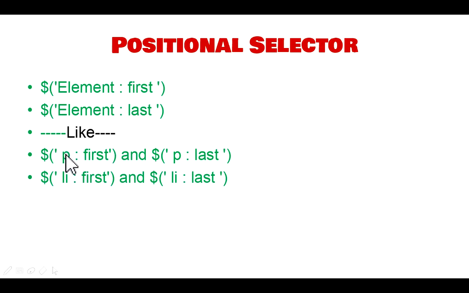Select all the paragraphs but the first one. Only select the first one, and select all the paragraphs but the last one. Here came the argument. Select all the list, and select all the list and last one. Let's check these examples out.